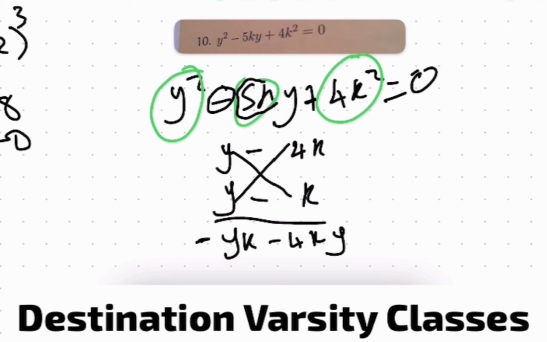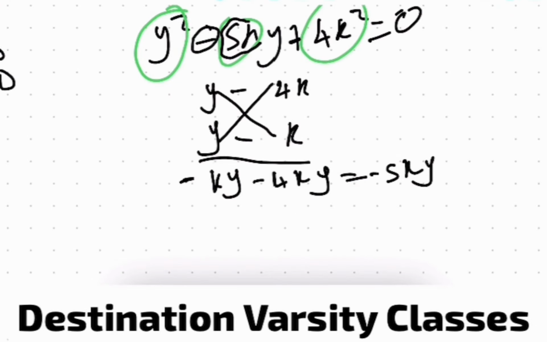Maybe let me not say yk, let me say ky, because they start with a k instead of a y, no? So ky, no? And that's equivalent to minus 5ky, no? So what does that tell you? That tells you your first bracket is this one and your second bracket is this one.